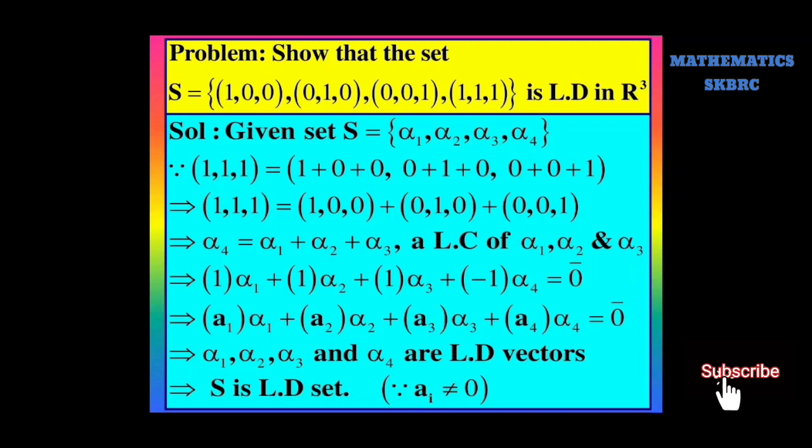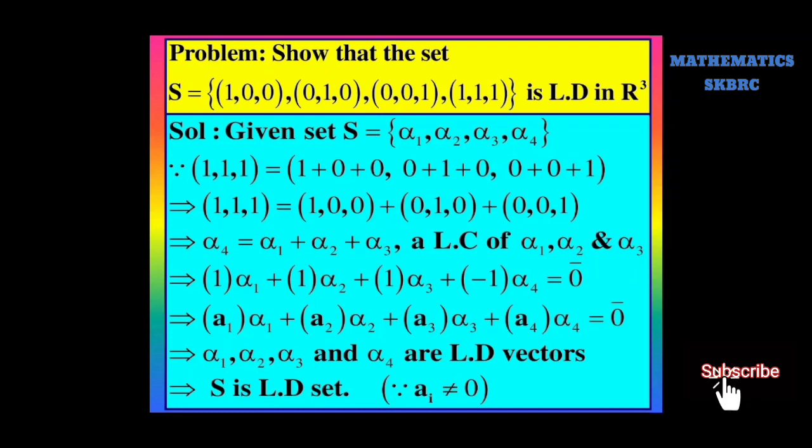The vector (1,1,1) can be written as (1+0+0, 0+1+0, 0+0+1). That is, (1,1,1) = (1,0,0) + (0,1,0) + (0,0,1). That gives α4 = α1 + α2 + α3. It is a linear combination of α1, α2 and α3.